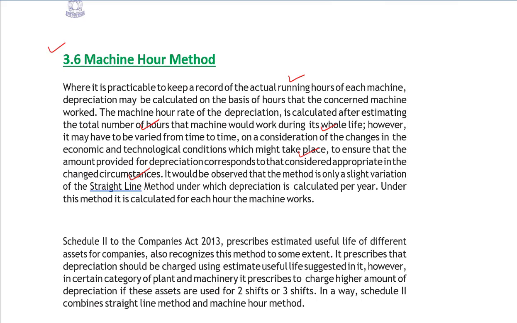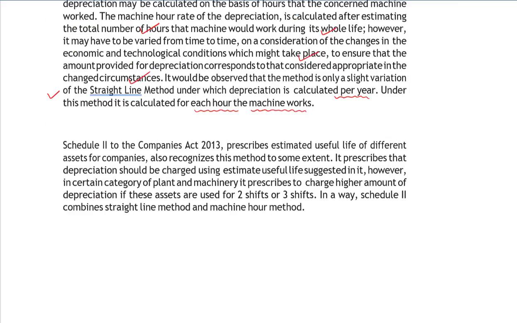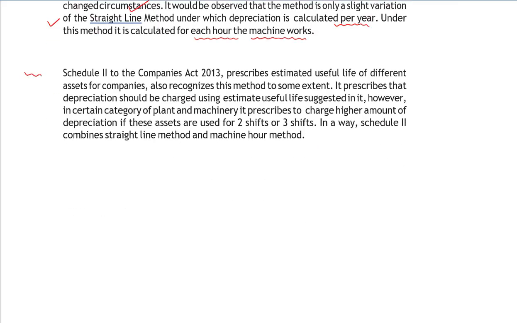It would be observed that the method is only a slight variation of the straight line method, under which depreciation is calculated every year. Under this method, it is calculated for each hour of machine work. Schedule 2 of the Companies Act 2013 prescribes estimated useful life of different assets for companies and also recognizes this method to some extent.